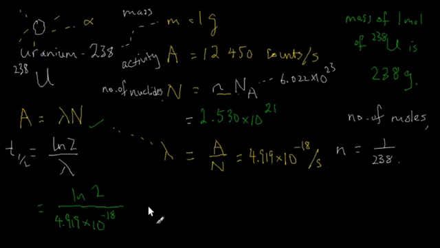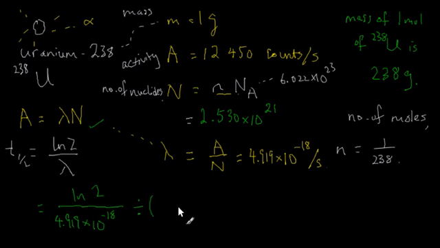Now it's going to be a huge number. You see, we're dividing by 10 to the power of minus 18, so it's going to be a huge number, and it would be easier to understand the answer if we express this in, say, years. Okay, so this would be in seconds. So if I want to convert this to years, what do I need to do? I would need to divide by the number of seconds in 1 year.